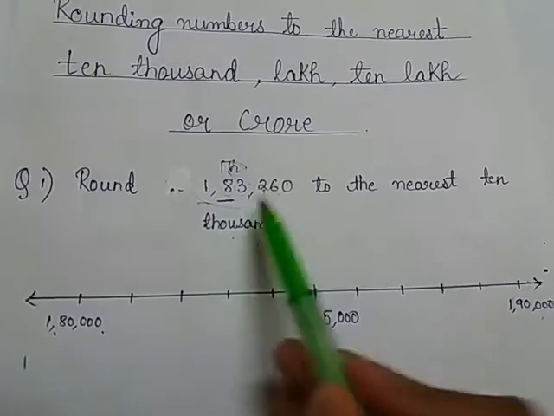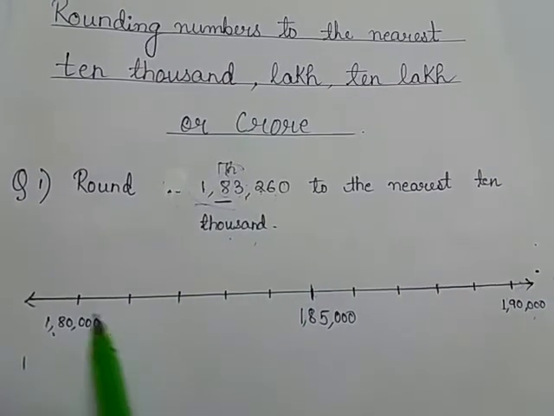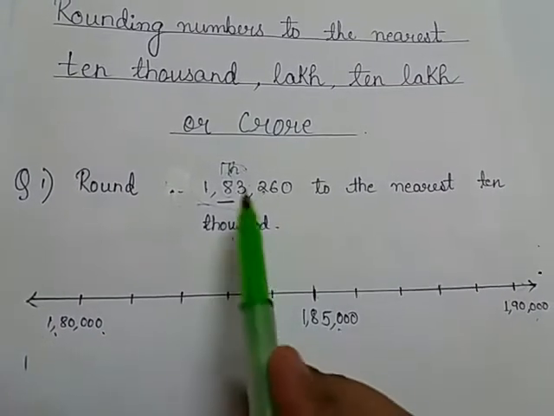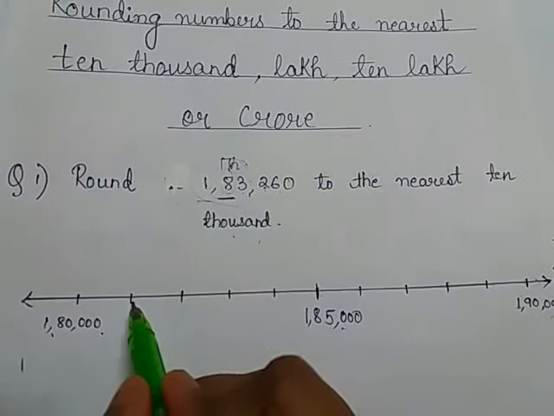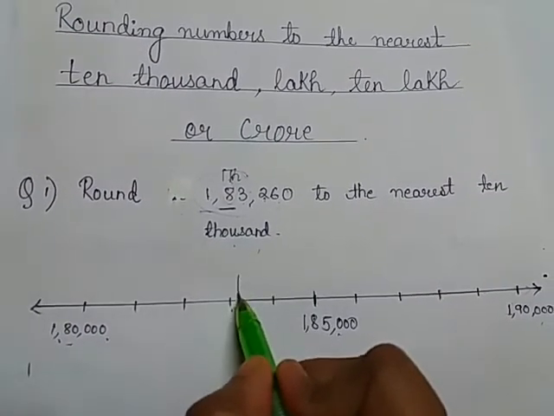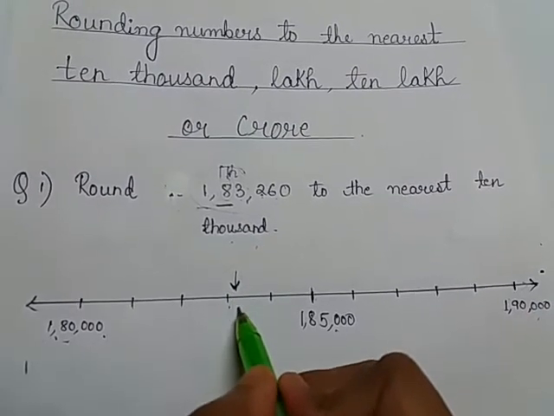This number will lie here, that is between 1,80,000 and 1,85,000, that is 1,83,000. So if this is 80, 81, 82, 83, it will lie somewhere here.